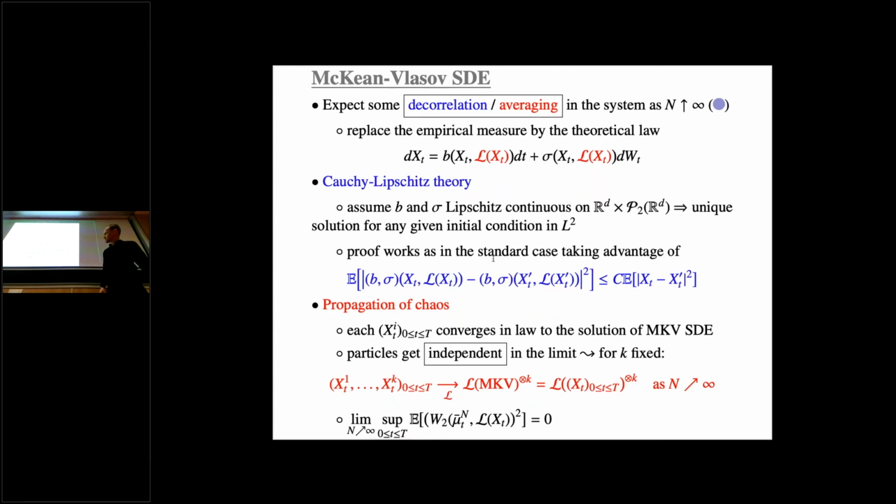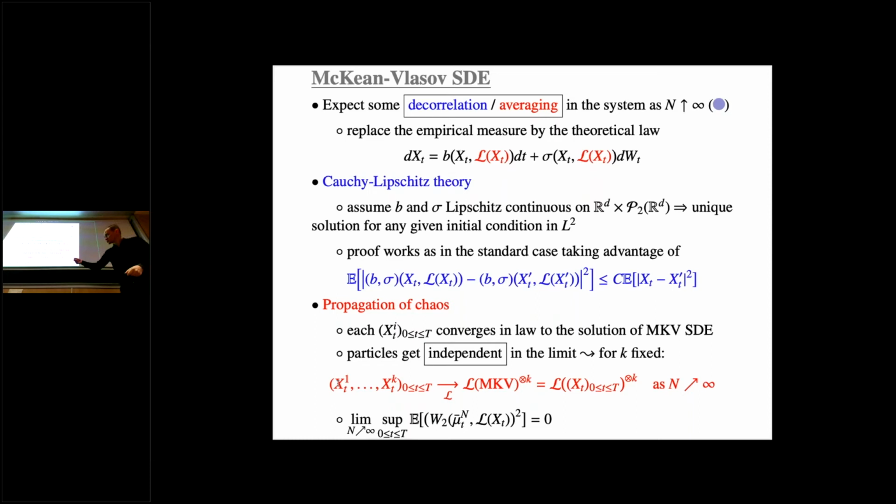So the very first result is that if you take in your particle system, so my notation is a bit sloppy here, because in fact I should say that on the left here, those particles depend on n. So this is when n is fixed. When n is fixed, you have a look at the k first states, or the states of the k first individuals in the population.